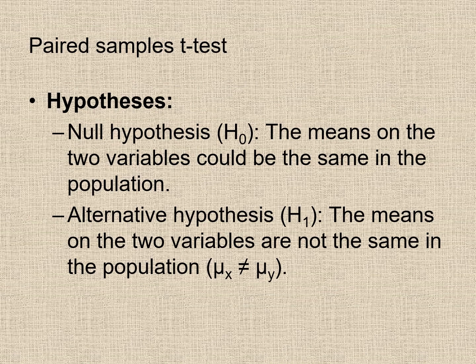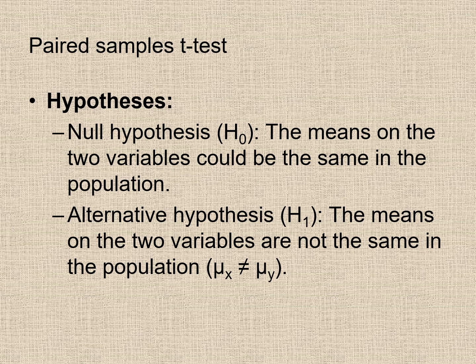I guess it doesn't come as a surprise that we do this in the form of hypothesis testing, inferential statistics, and that we have a null hypothesis and an alternative hypothesis. The null hypothesis says that the means on the two variables could be the same in the population in question.